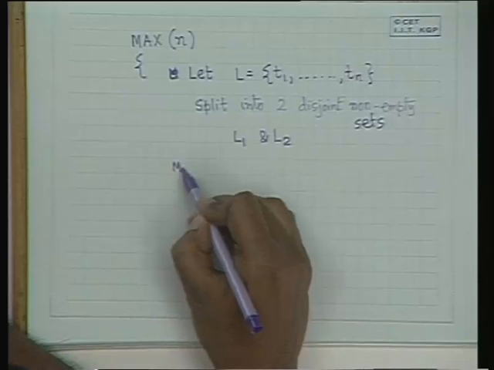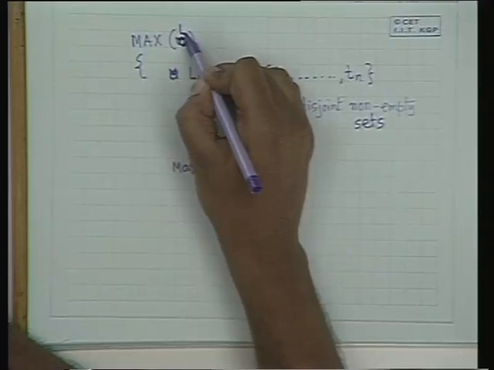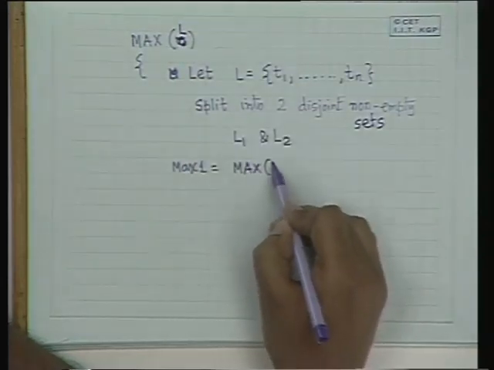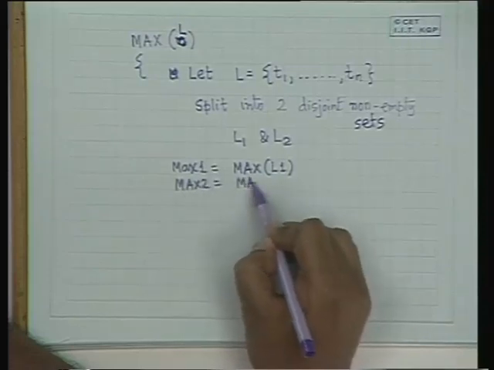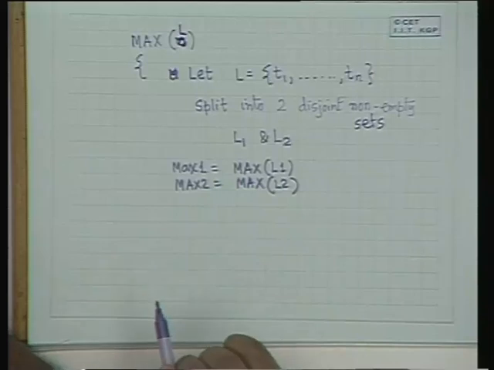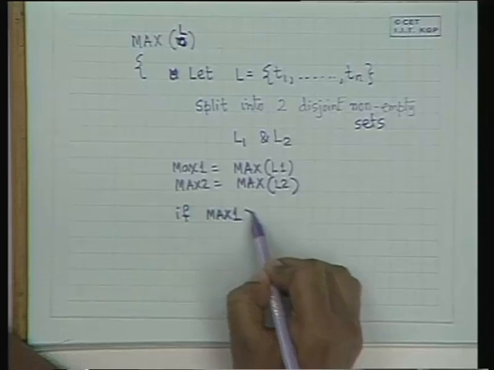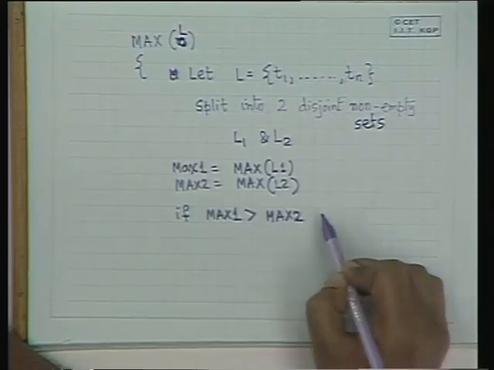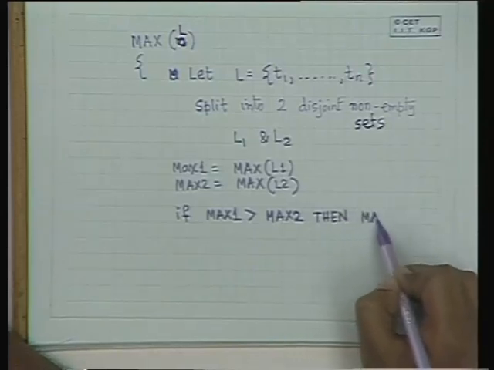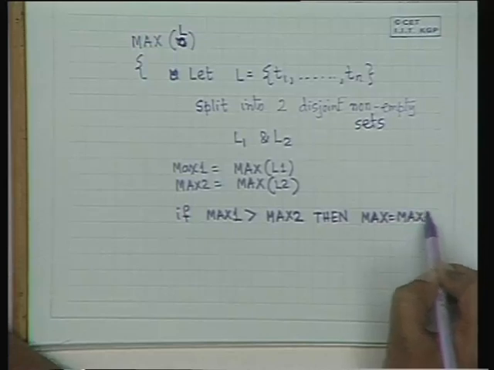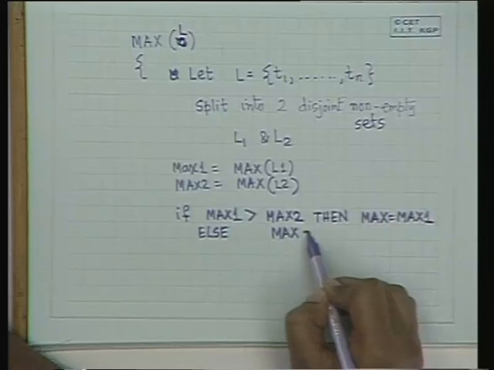And then you do, max1 is here, sorry, this is L. Max1 is max of L1, max2 is max of L2, and then if max1 is greater than max2, then max is equal to max1, else max is equal to max2.